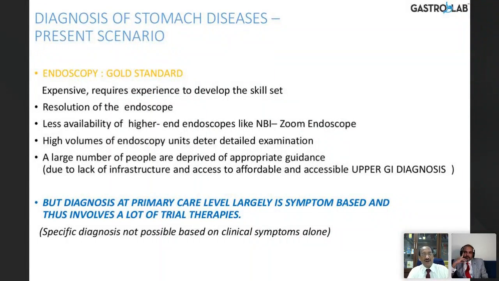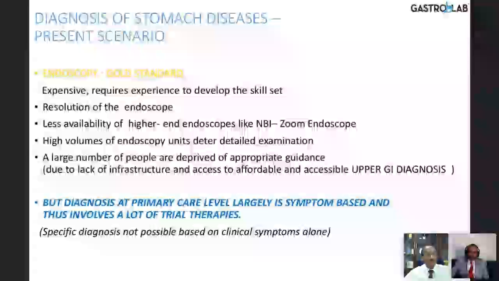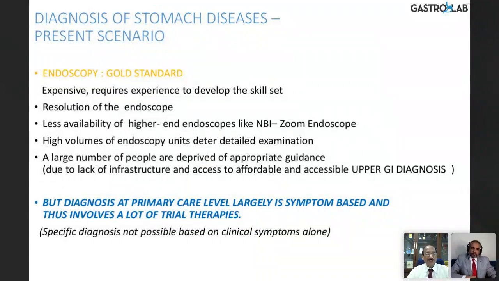But the endoscopy procedure itself is expensive. And it also depends upon the resolution of the endoscope. The better the resolution, the better the magnification, the better the pickup of the lesions. And most of the centers have low-end machines which cannot detect early changes properly. So this is very important.